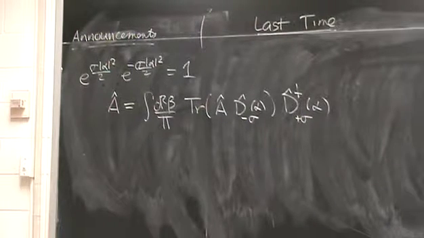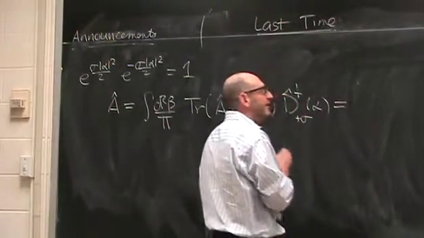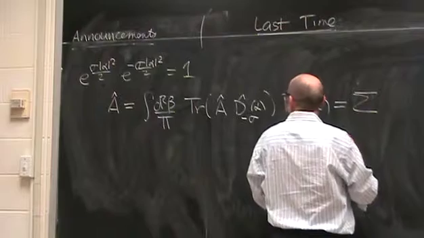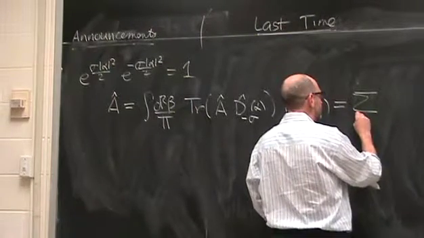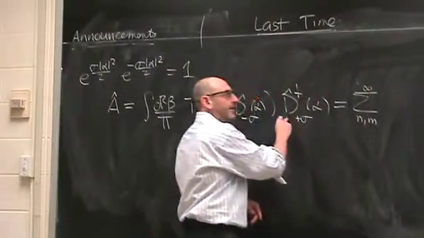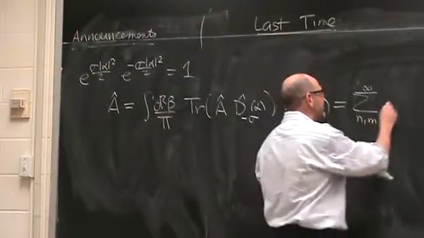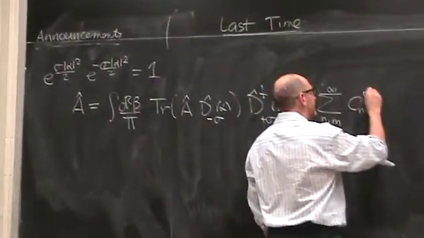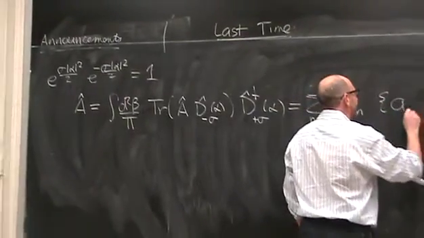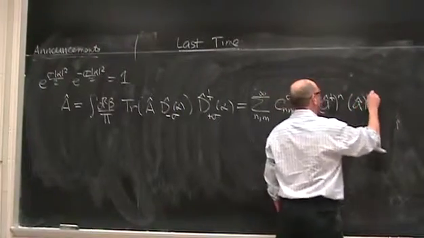There's going to be a lot more of that. So now, we can just plug this in, right? Plug in those representations right over there. And that says that this is going to be equal to C_nm sigma, the sigma ordering of a dagger to the n, a to the m.